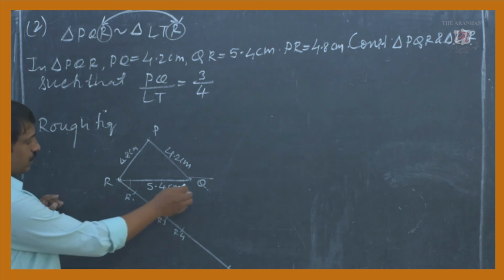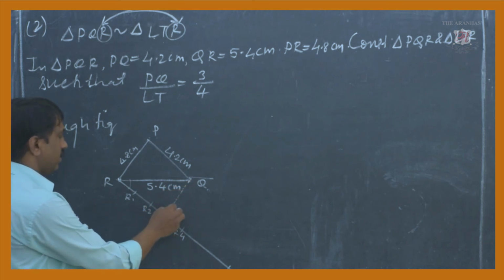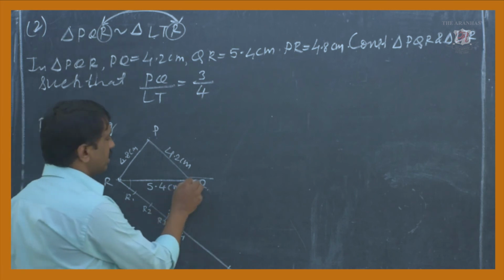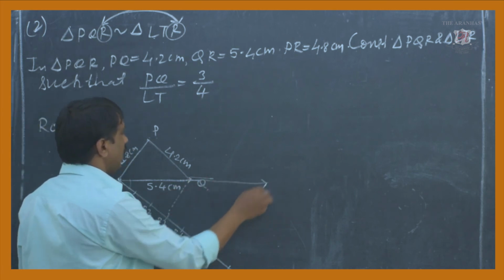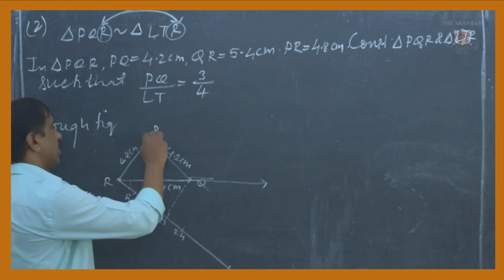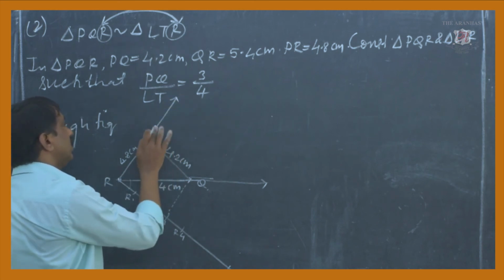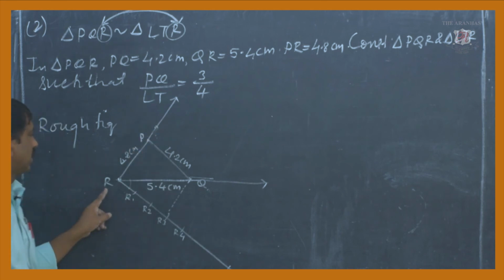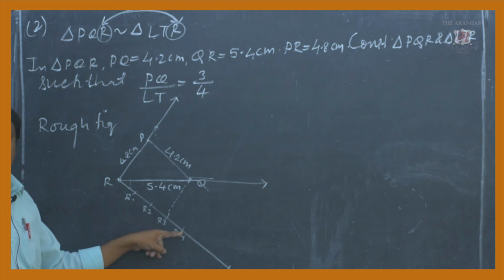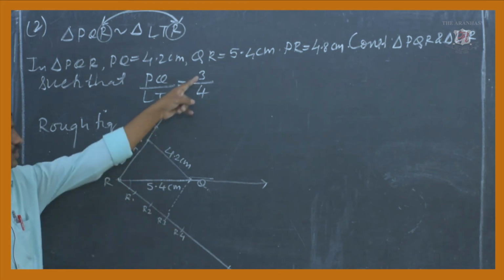So what do we have to do? Join Q to R and extend it. Extend RQ as well as ray RP, to find the R4 point, because the ratio is 3:4.